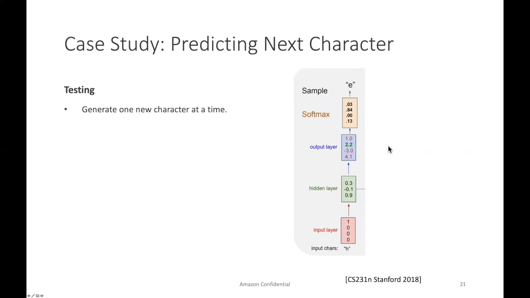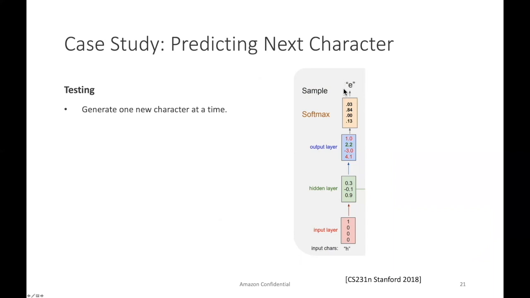So how do we test this? For testing, we start with the first letter, one letter, and then we try to get the next letter. Whatever the next letter is, we normalize it by doing a softmax distribution.